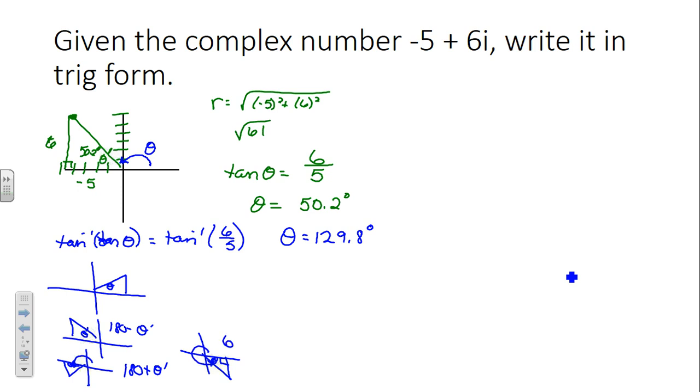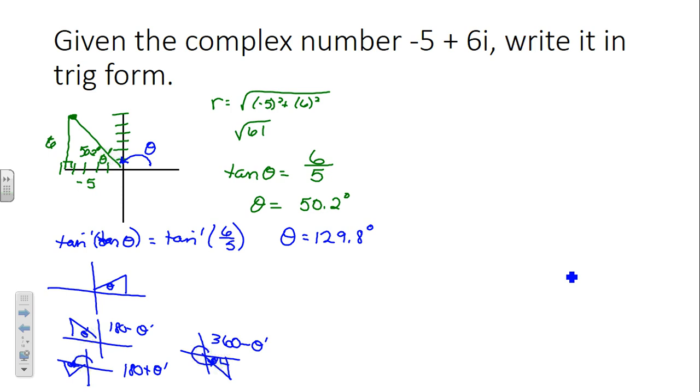Does that make sense? So your calculator's going to try to lie to you, right? It's going to try to push you into this fourth quadrant if it's negative. And we weren't in the fourth quadrant. So we have to find the true angle there. Make sense? Okay.